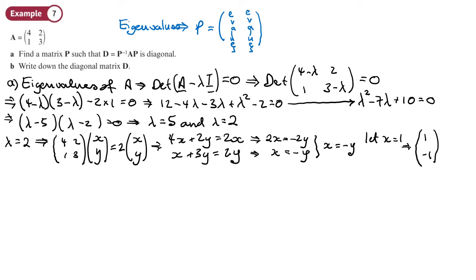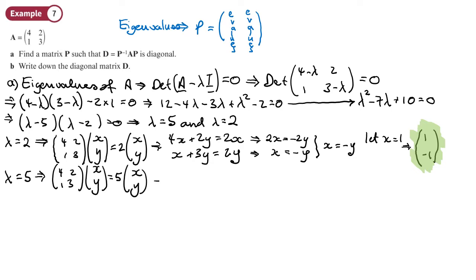Okay, let's just highlight that because that's going to be my first eigenvector. We'll now go on to lambda equals 5 and calculate the other eigenvector. So the scaling now is going to be 5 rather than 2. We'll write our equations: 4x plus 2y.